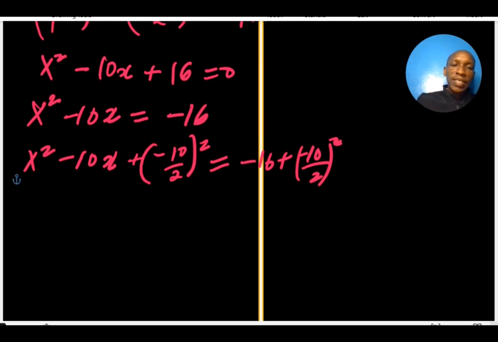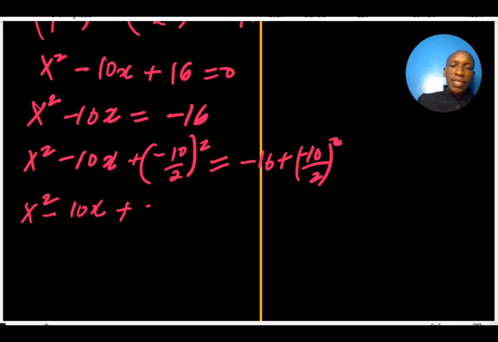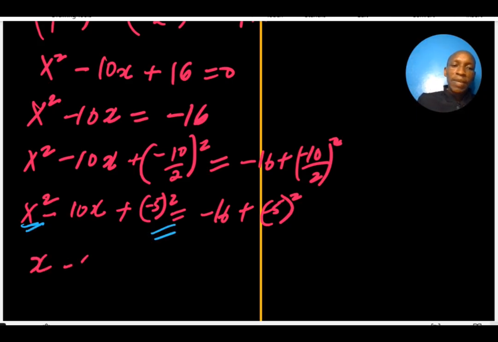So this one shall give us x squared minus 10x plus negative 5 squared is equal to negative 16 plus negative 5 squared. So therefore we shall take the terms with x squared and put in one bracket and then square together. So x minus 5 squared is equal to negative 16.